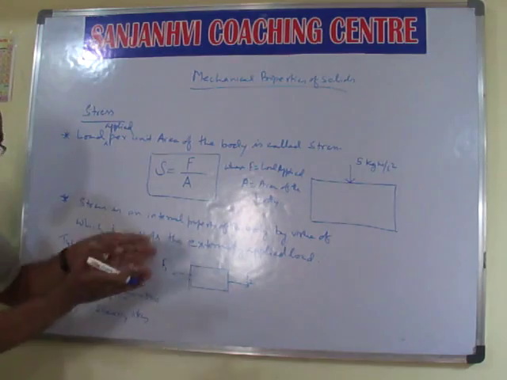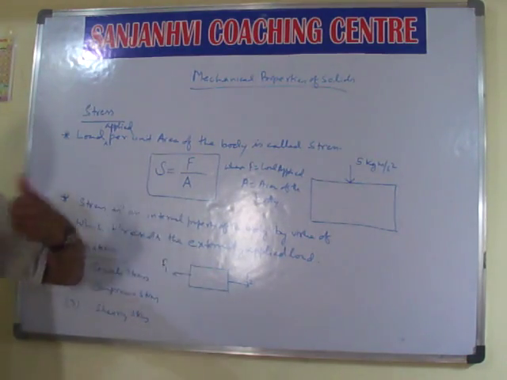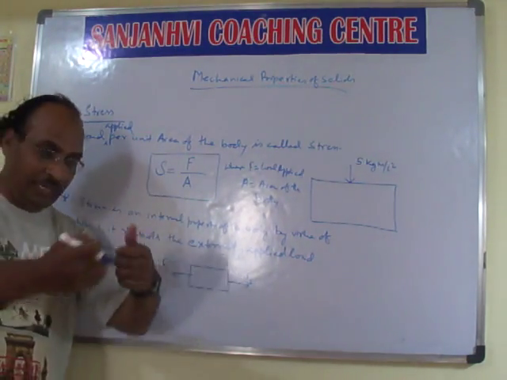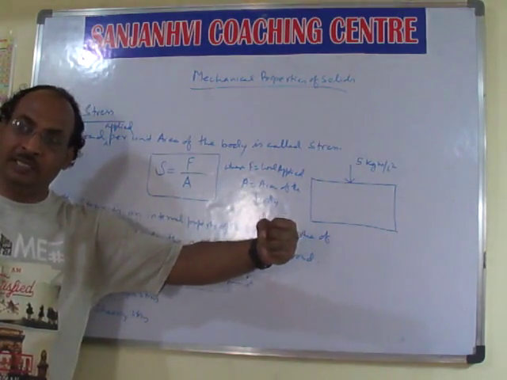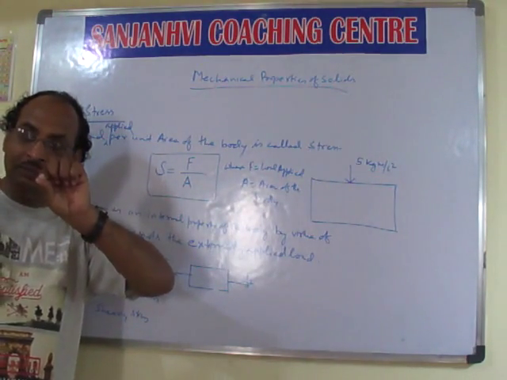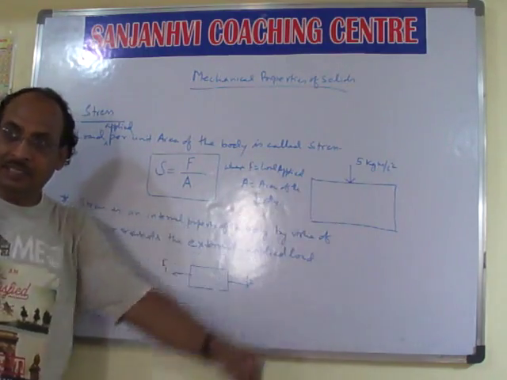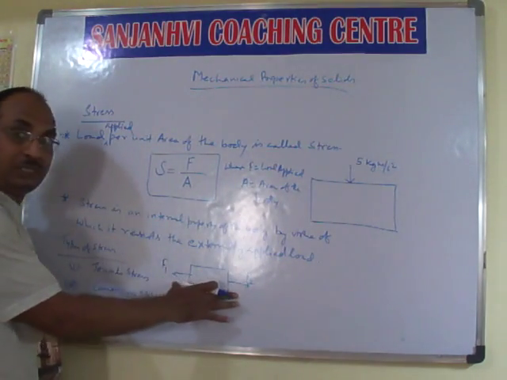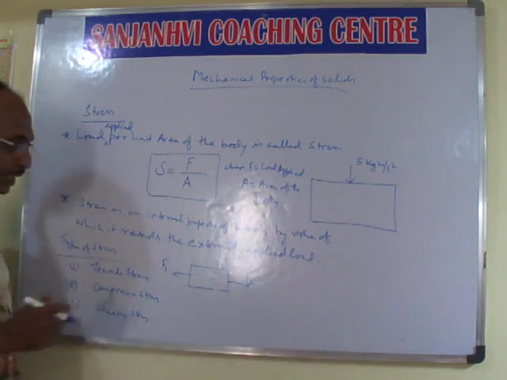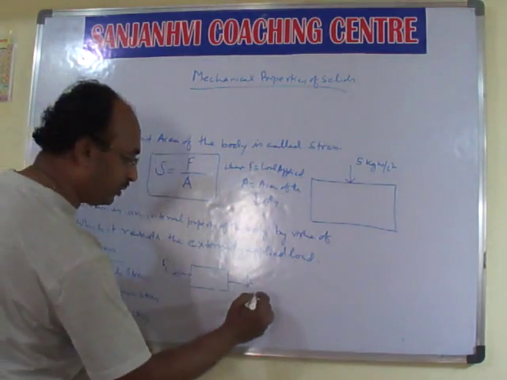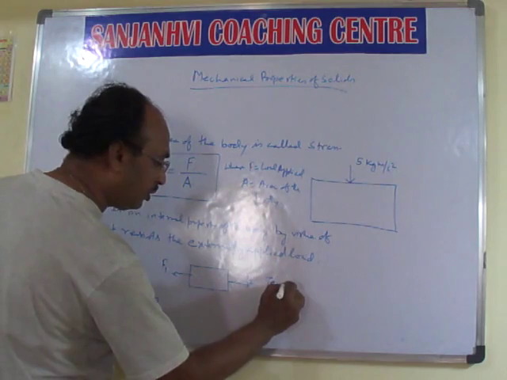Its area will get reduced, its length will increase. Correct or not? So this type of stress is called tensile stress, in which tension is there. Just like a strain, this is called tensile strain, tensile stress.